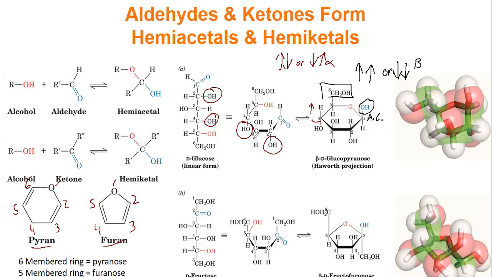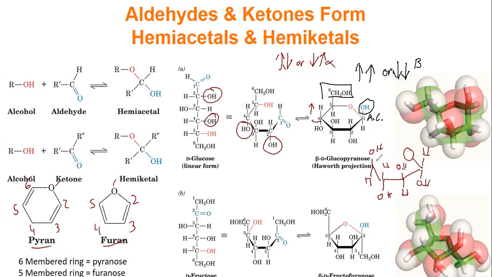You could draw both of them pointing up if you wanted to. You just have to change everything else to go along with that. So this is a common way to do glucose. You could also do that H down here, OH, and just switch everything, because these things can move in 3 dimensions. So that's fine.